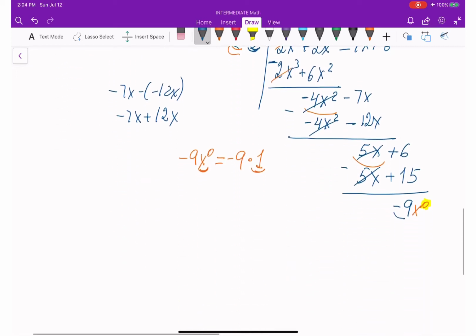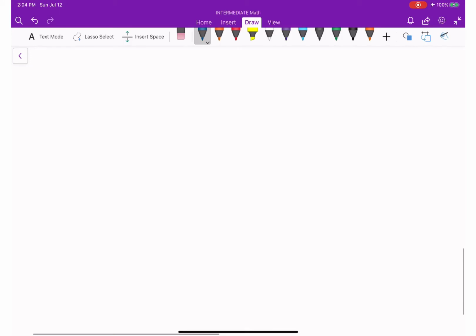Let's do the next one. 9x cubed minus 3x squared minus 42x minus 28, and all this divided by 3x plus 5.